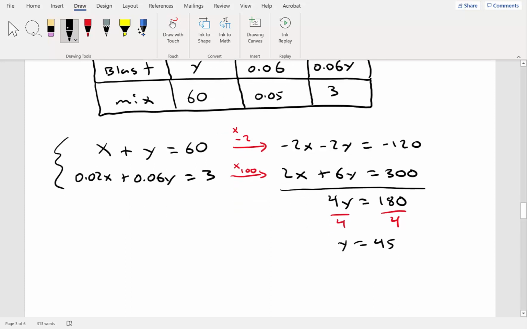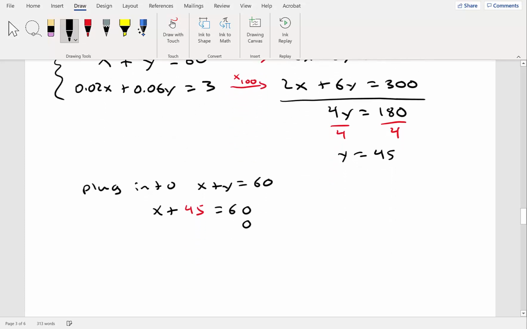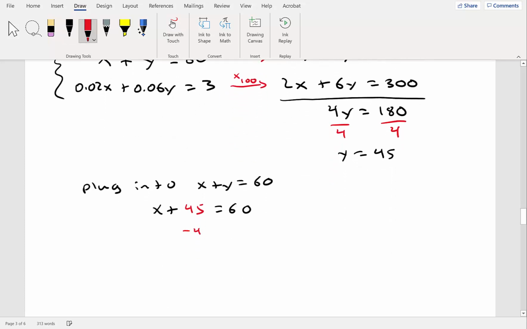Okay, now to find out the amount for our attack solution, we're going to plug it into the first equation. x plus y is equal to 60. Okay, so we have x plus 45 is equal to 60. Now go ahead and solve for x, so subtract 45 from both sides.